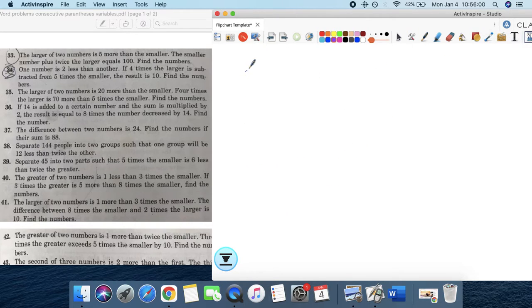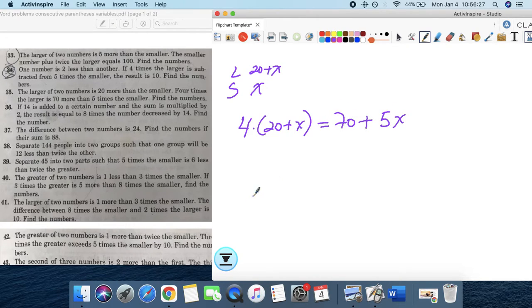Third, the larger, so again, there's a large number and a small one. And the large is referencing, it's based on the smaller one. So the larger of two numbers is 20 more than the smaller one. Well, this is x, and this is going to be 20 plus x, whatever the smaller is, plus 20. Now, 4 times the larger, which is 20 plus x, is 70 more than 5 times the smaller.